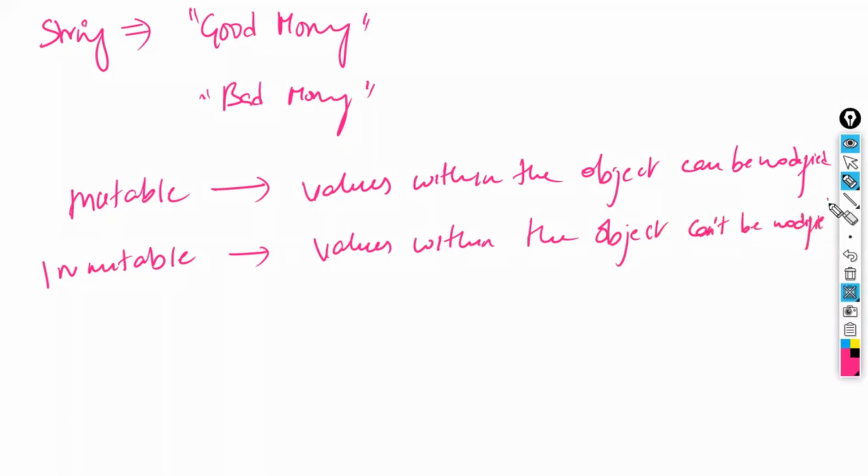Most of the people will say this one, which is a wrong answer. So most of the people will say like this: sir, values within the object can be modified. Values within the object cannot be modified. So here they will forget the word called same, within the same object. Within the same object, the old object which was created, within the same object only the value should be modified, right?